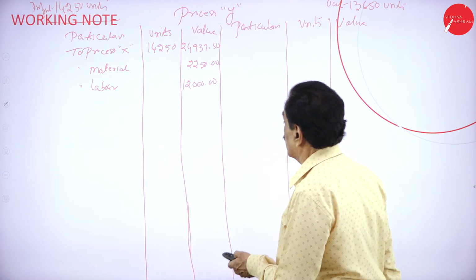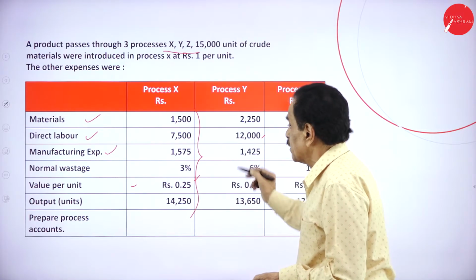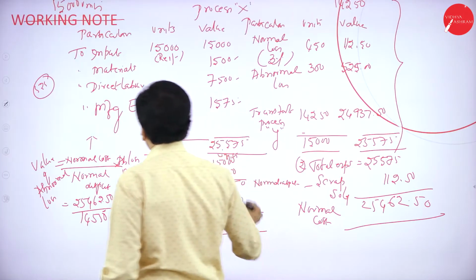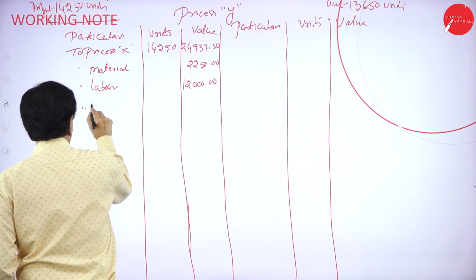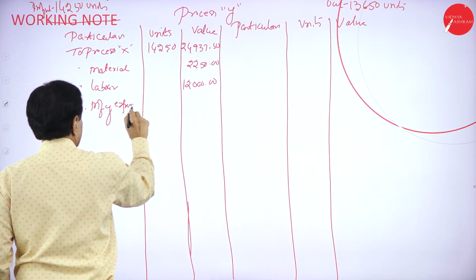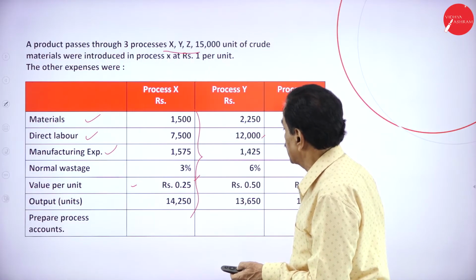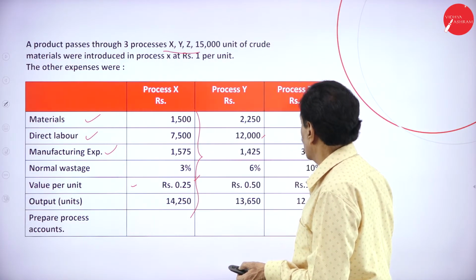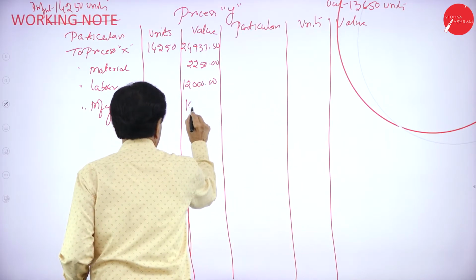Labor cost is 12,000. Then manufacturing expenses, here 1,425.